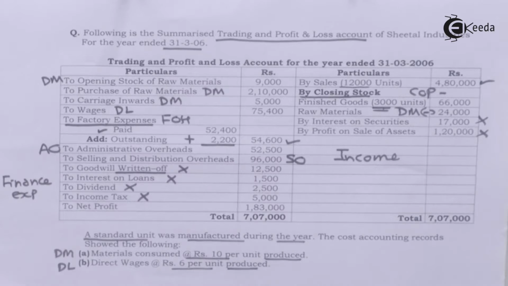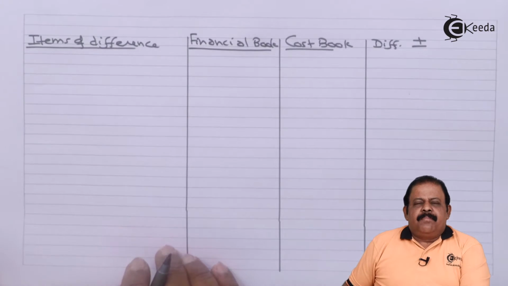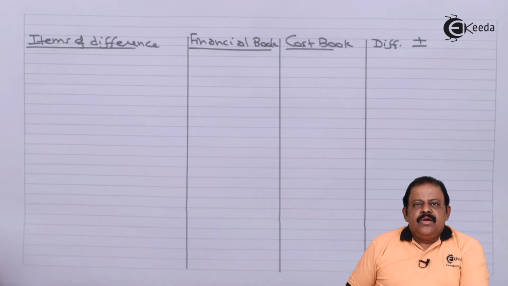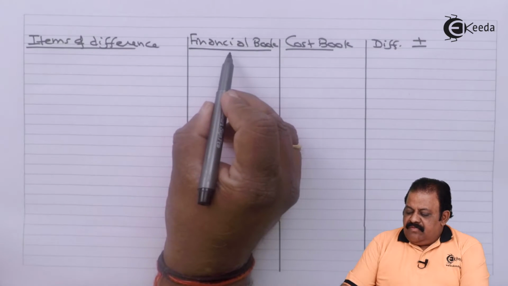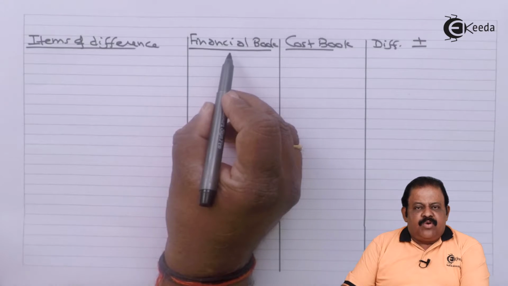Profit as per financial book is 1,83,000 and profit as per cost book is 96,000. Therefore we are required to reconcile them. For that purpose we are required to do working notes. While preparing the working note, we are required to mark one point. First column we have taken as financial book.